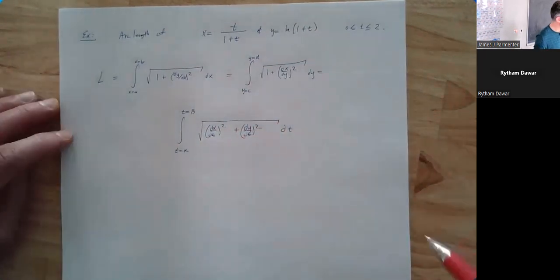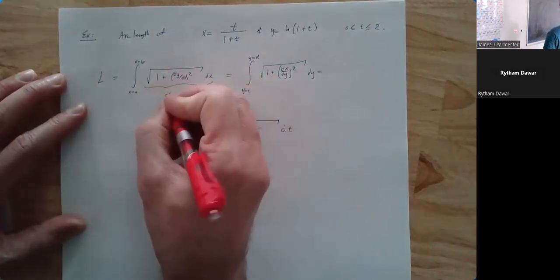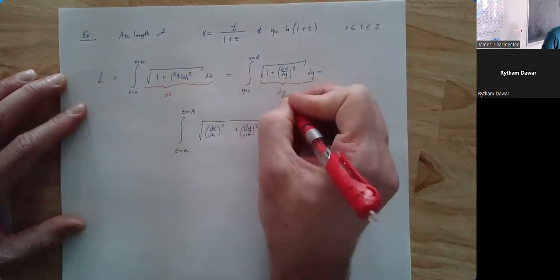All these integrands, the square root of whatever times d whatever, are different versions of what we call ds.